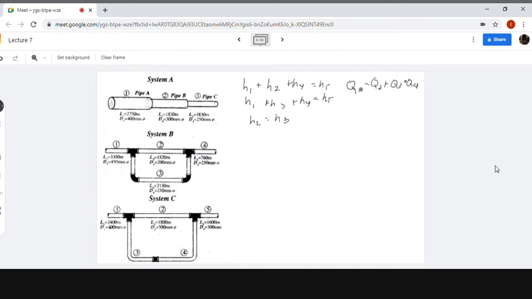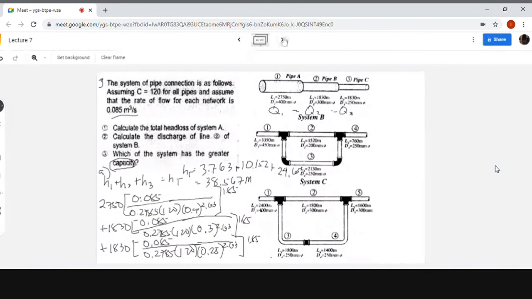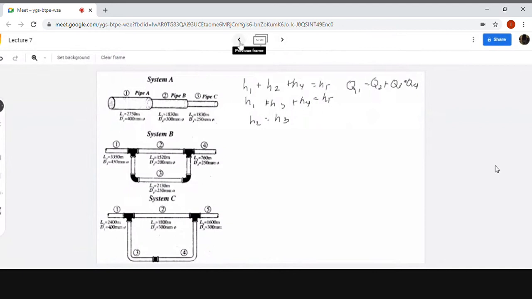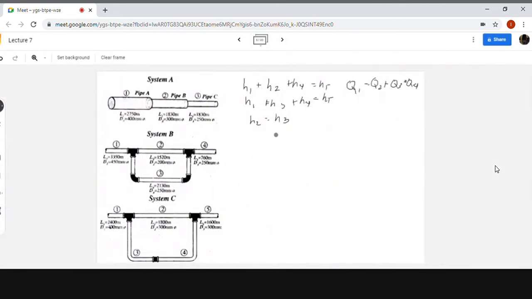So those are the equations we can formulate. What is asked here is to calculate the discharge of line 2 of the system.